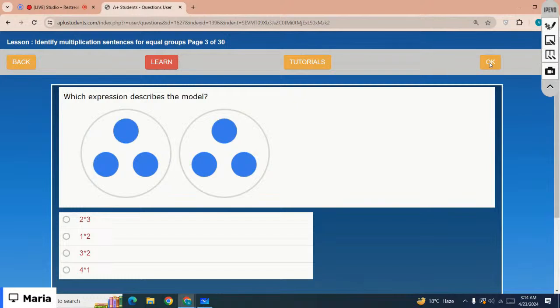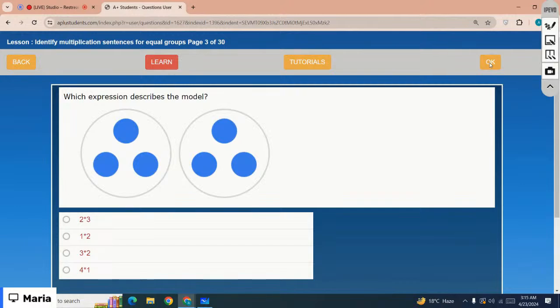Which expression describes the model? Which is the correct option? Which expression describes the model?